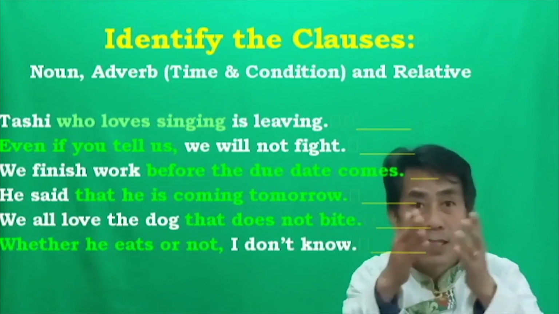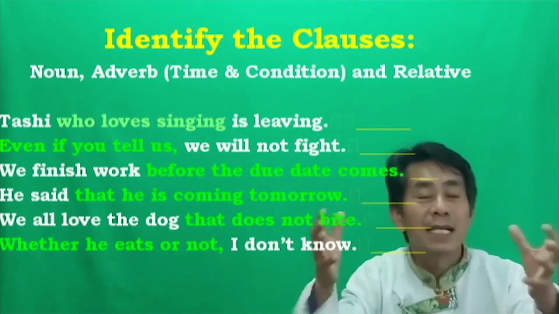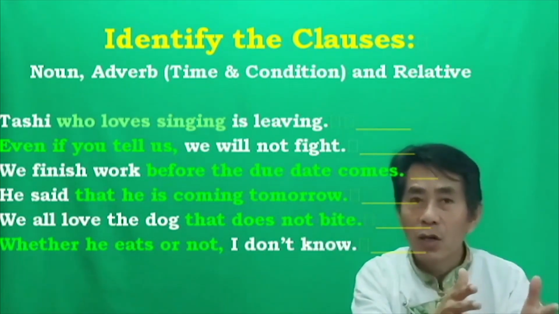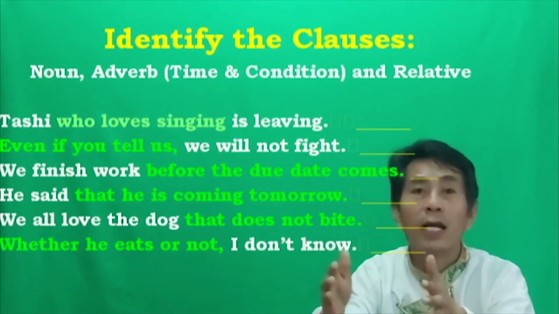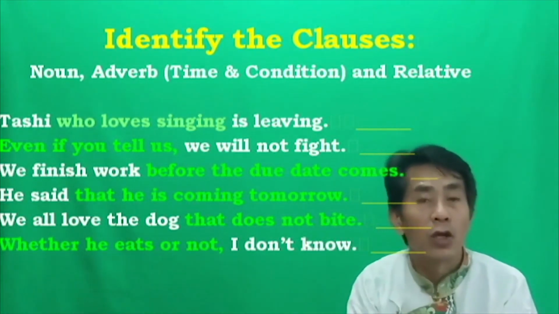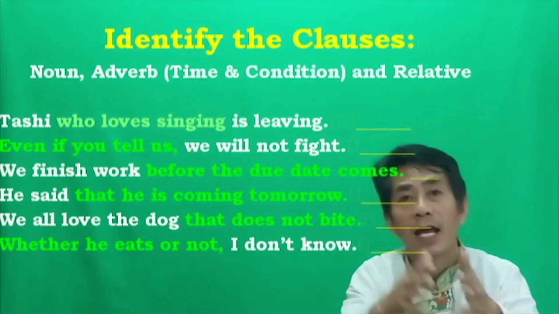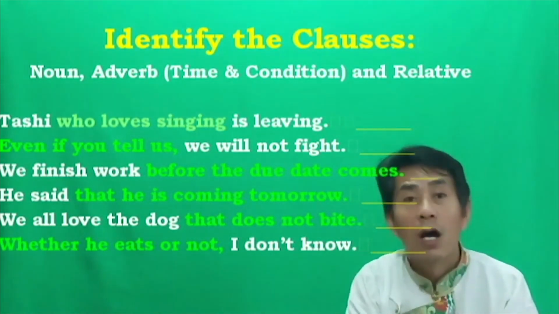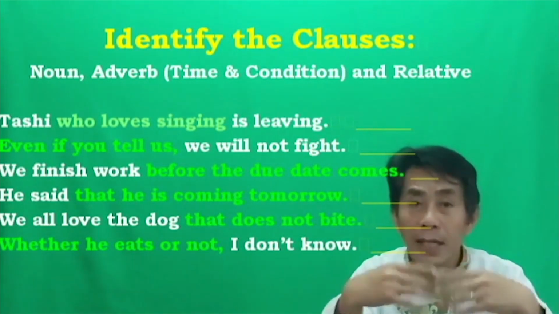If you look at all these 6 sentences, these are complete sentences. So, you will find one main clause and you will find the subordinate clause. That means main clause and subordinate clause. And all these subordinate clauses are colored green.